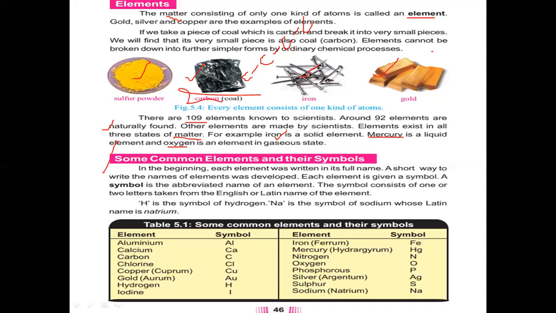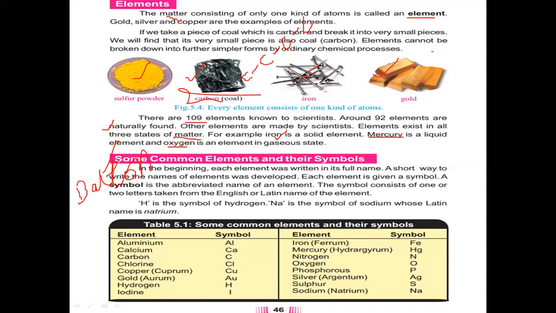Now I'll show some common elements and their symbols. That is very important, that is why we study symbols. Actually, there was a scientist whose name was Dalton.